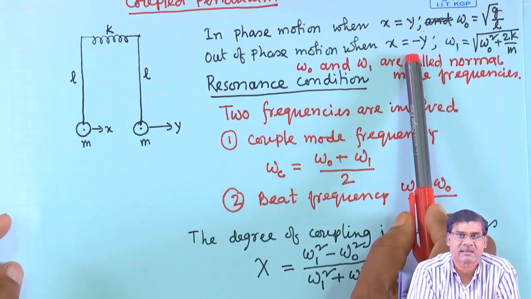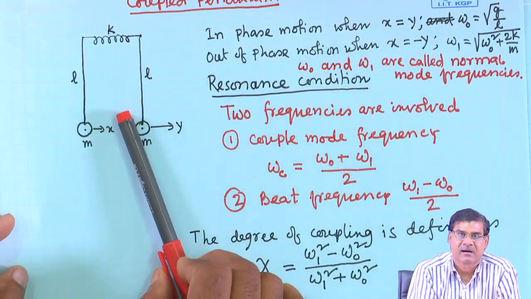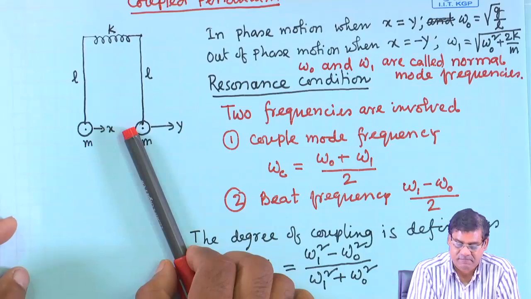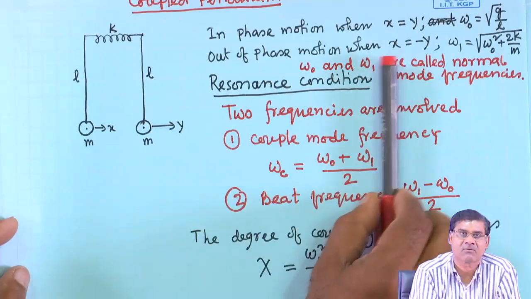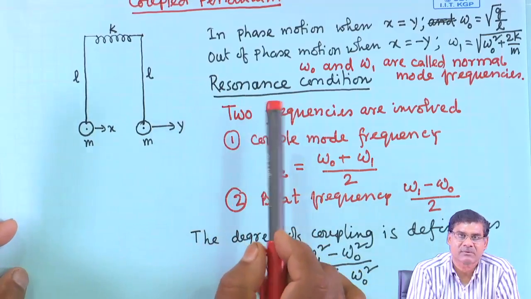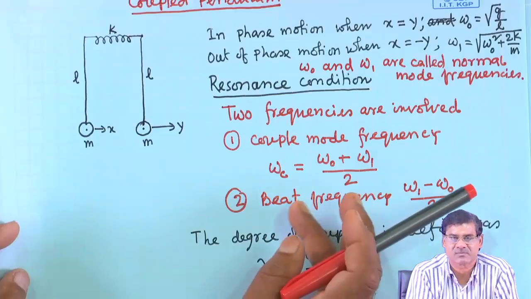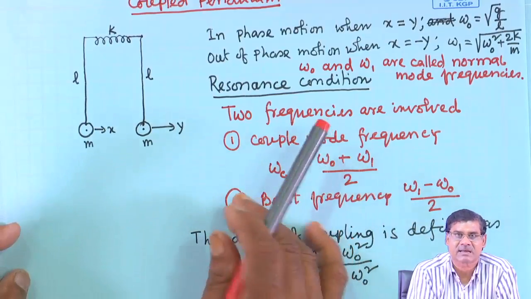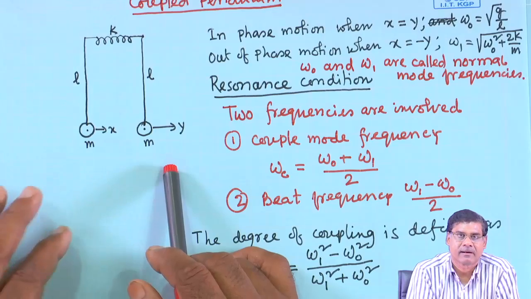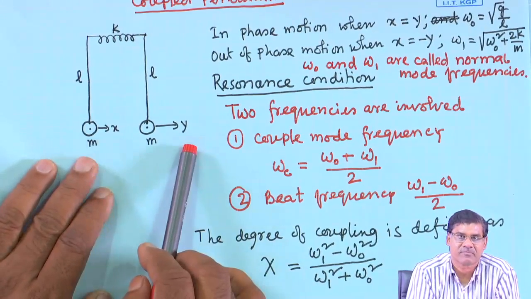Here the interesting thing is that you can get coupled motion: in-phase motion, out-of-phase motion, and also a third one, which is resonance motion. You can achieve the resonance condition in this system if you displace one of them.